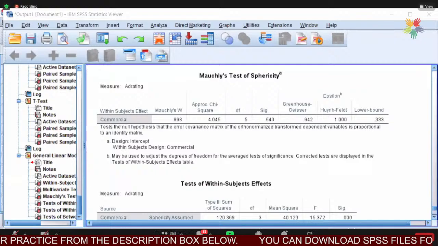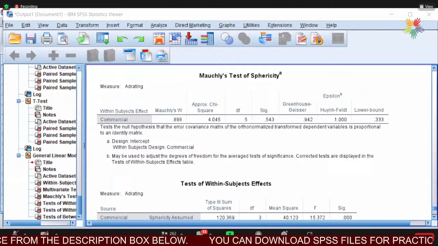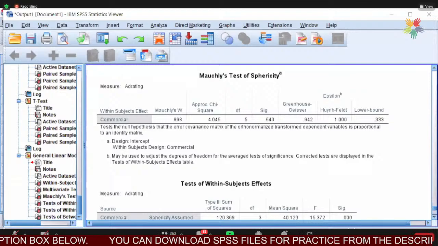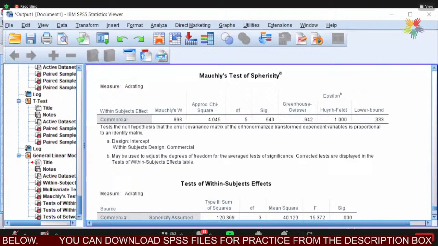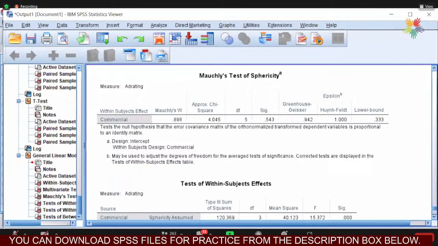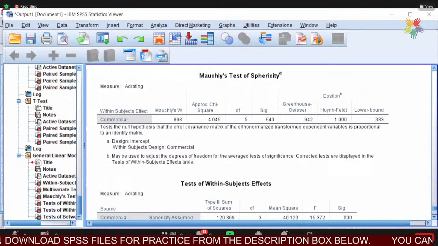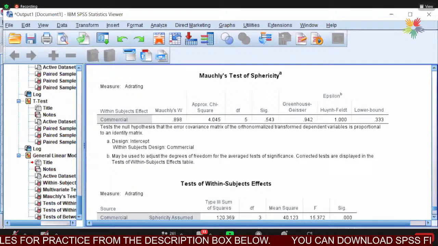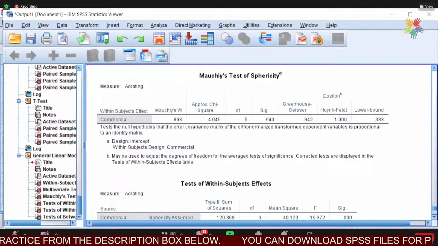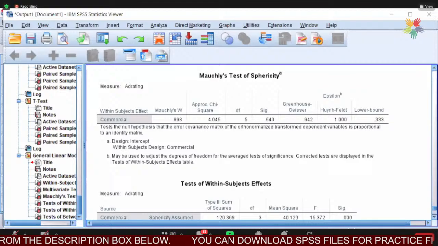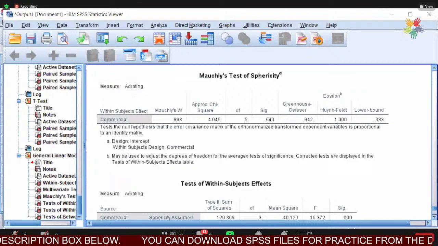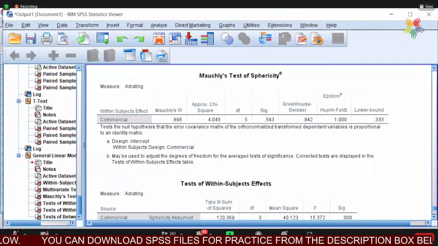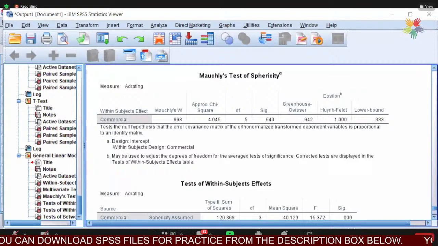Now we want the variances to be equal. The null hypothesis is that the variances are not different, which means the variances are equal, so we need to accept the null hypothesis.